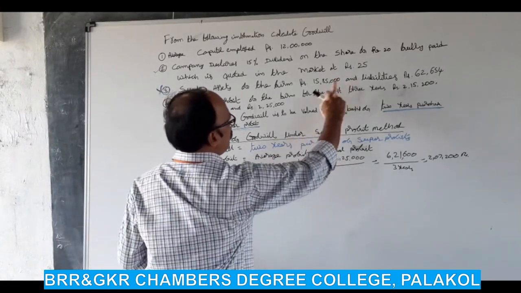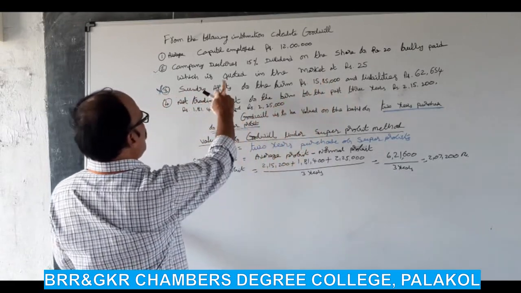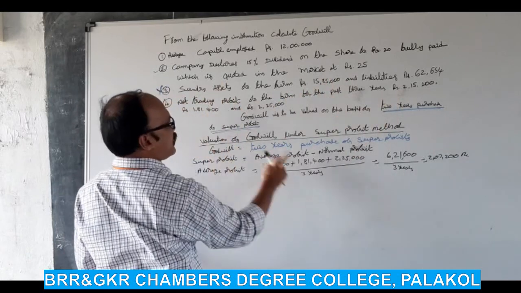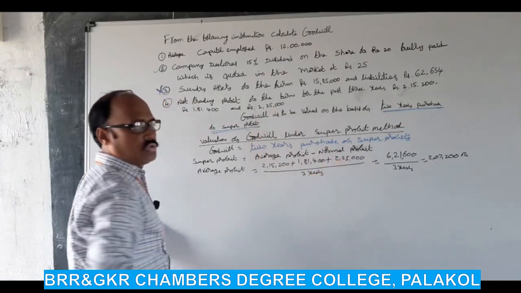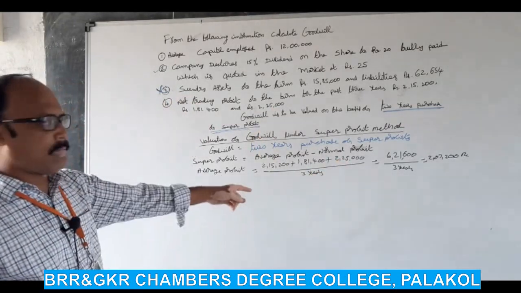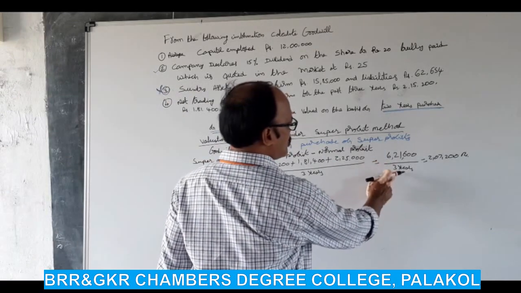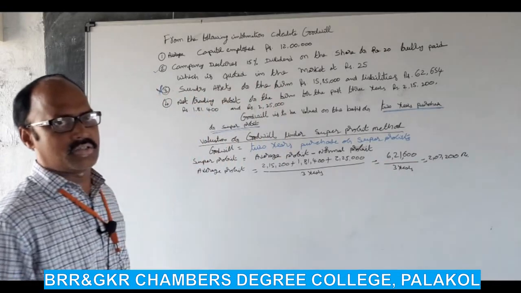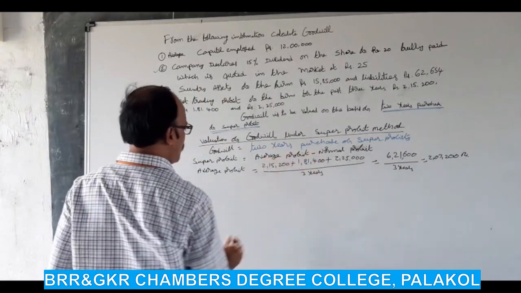First year profit 2,15,200, second year profit 1,81,400, third year profit 2,25,000. So 6,21,600 by 3 years is 2,07,200. This is the average profit. So average profit is over. Next one, normal profit.